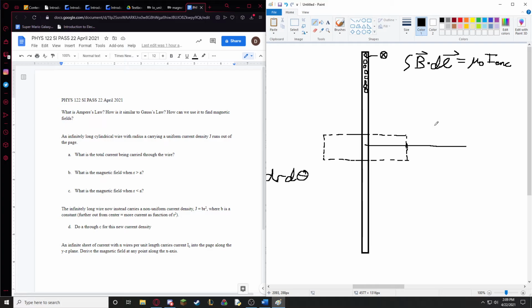Being able to find the enclosed current would be limited to the height of the rectangle. Yep. So let's call the height h. What's our total enclosed current as a function of h, I naught, and our n wires per unit length?